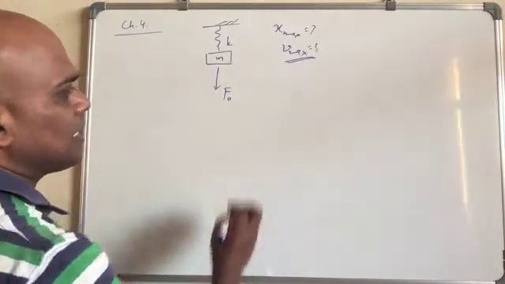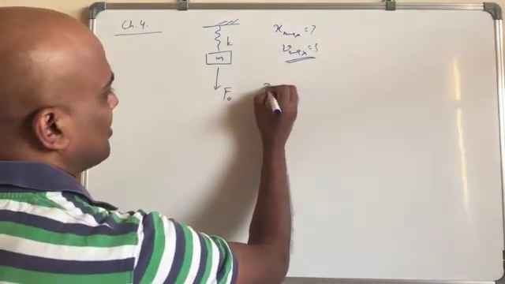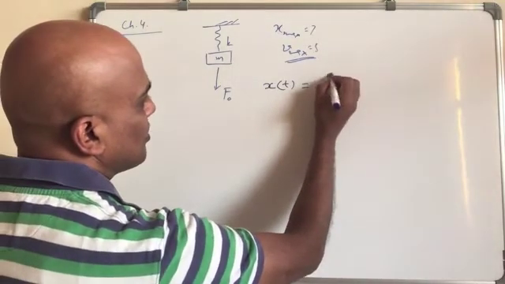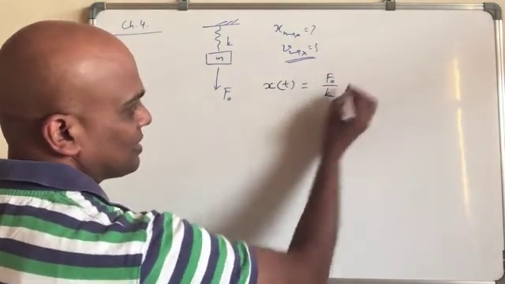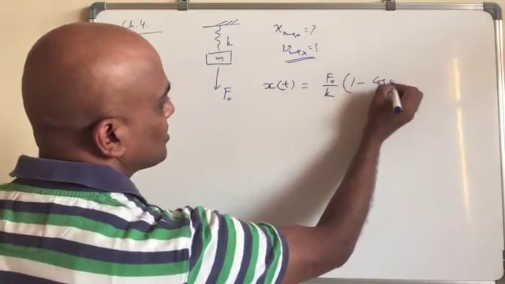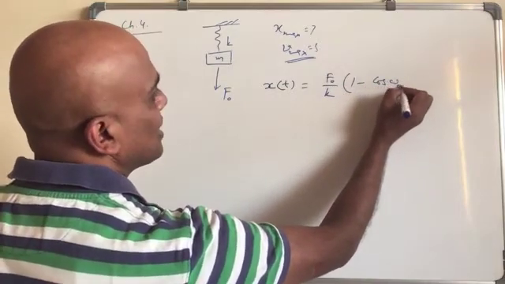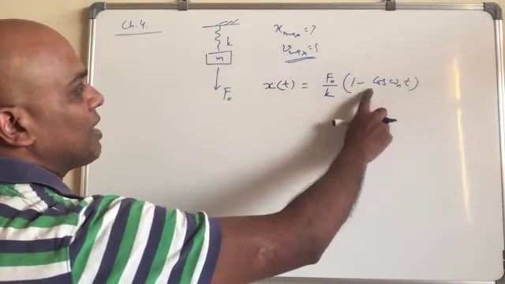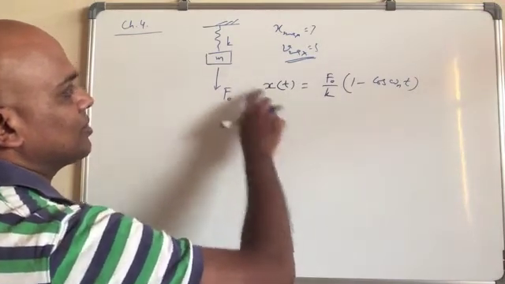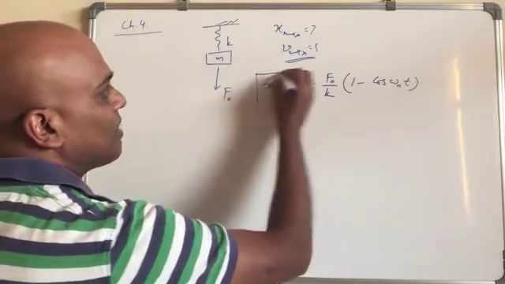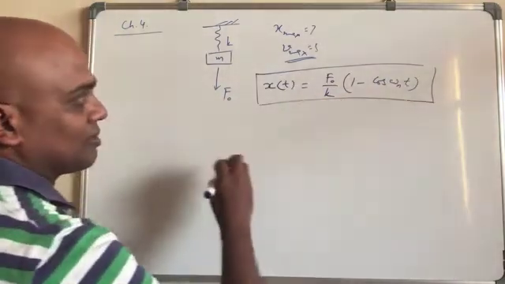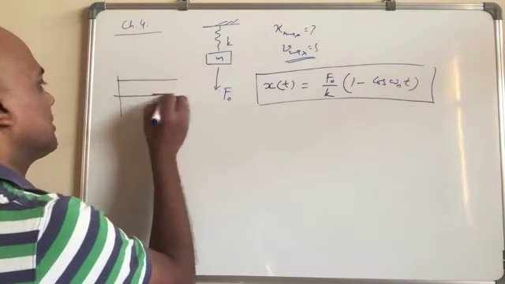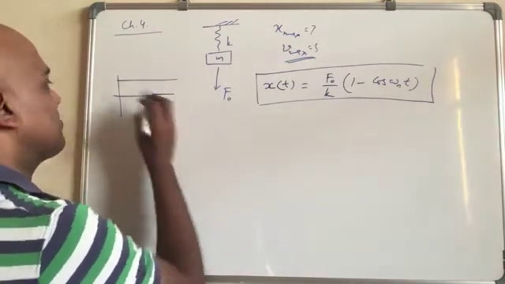The solution we actually did in the lecture. Basically x(t) will be equal to F naught over k times (1 minus cos omega n t). If you have t equal to 0, you have 1 minus 1, and you get x equal to 0. This is the expression we derived in class for a step input with F naught.